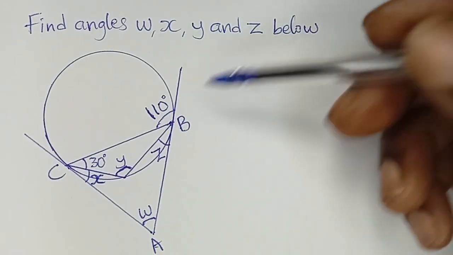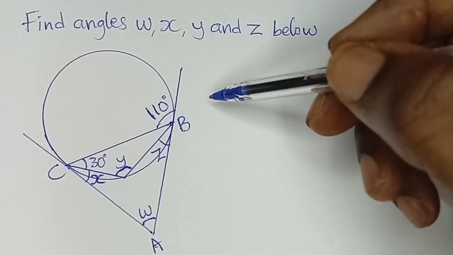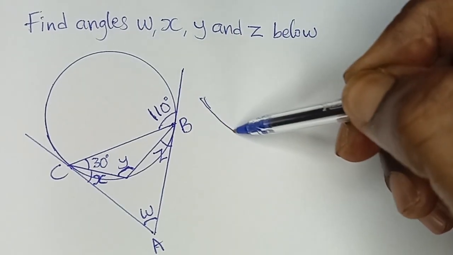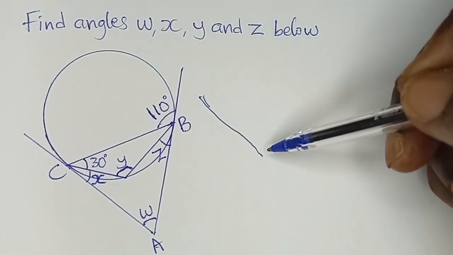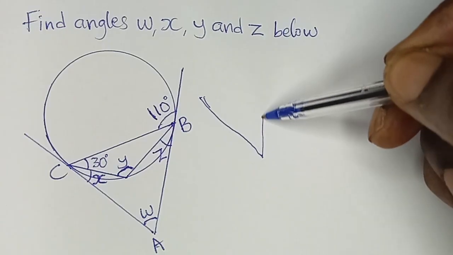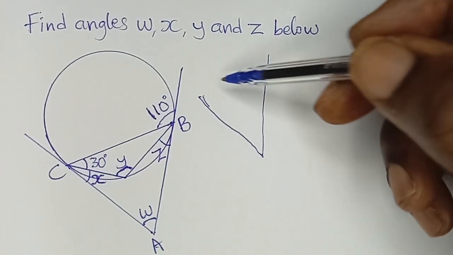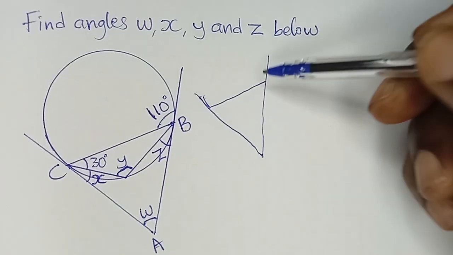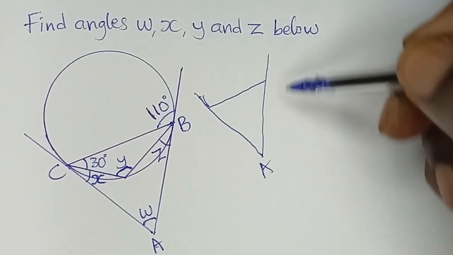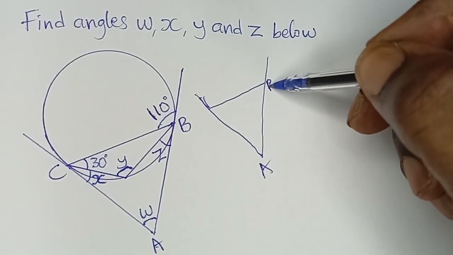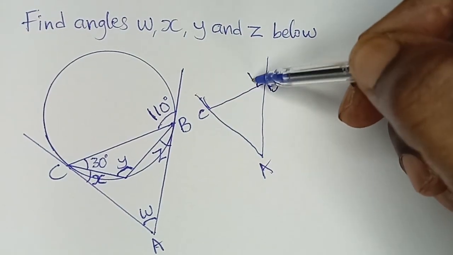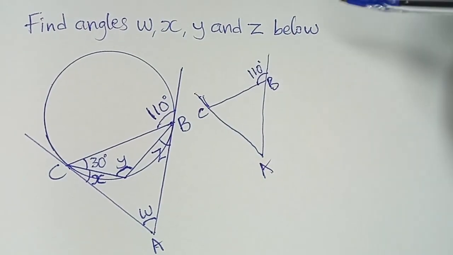So, I can decide to trace this triangle. I would like to trace it in this way, and then extend it this way so that I have this portion that is A, B, and then C. And then don't forget this is 110 degrees.